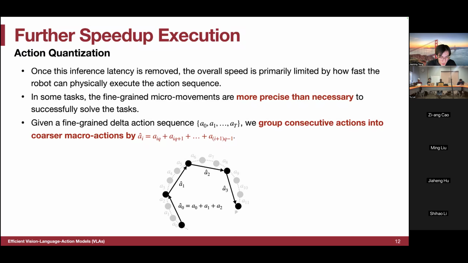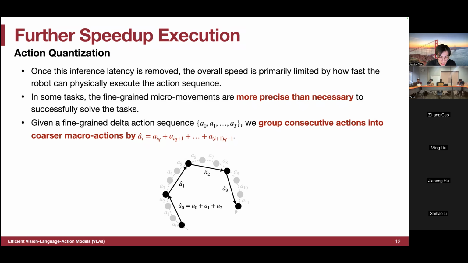Similar to large language model quantization, by reducing the precision from fine grain to very coarse grain, we can significantly accelerate the inference with only a mild drop in accuracy. Given a very fine-grained action sequence, we can group every Q actions into a coarser, larger action.